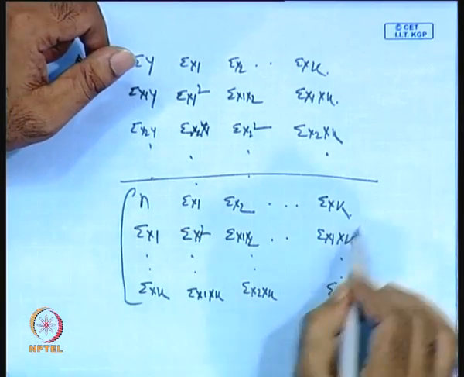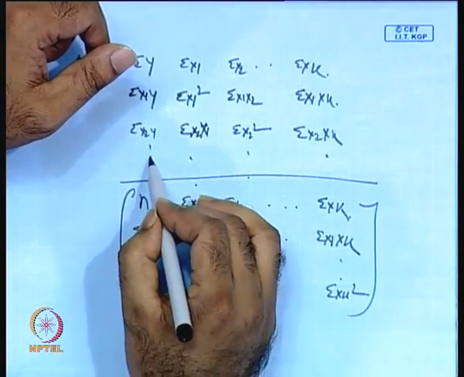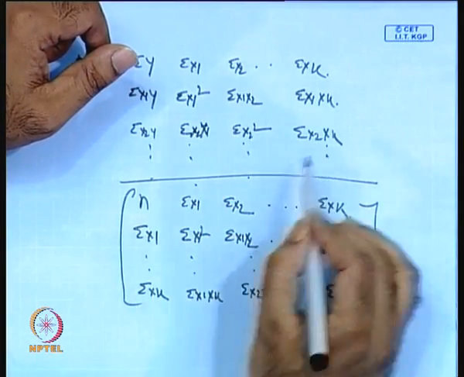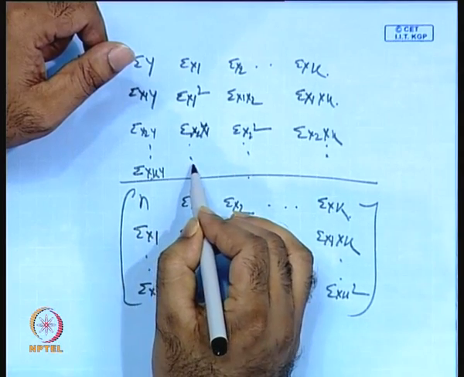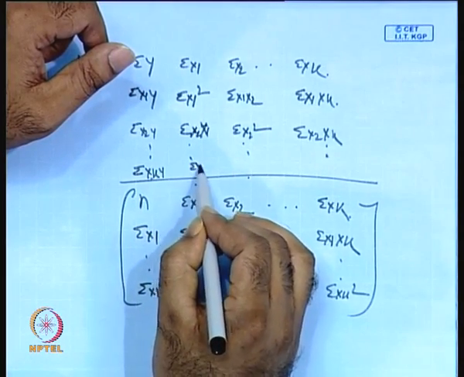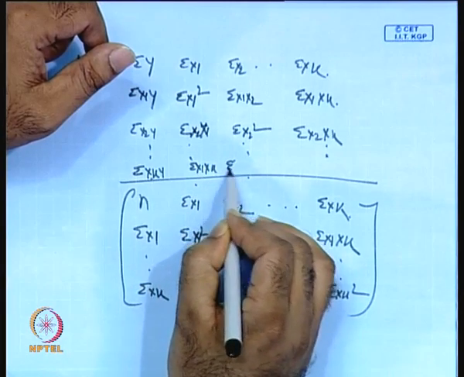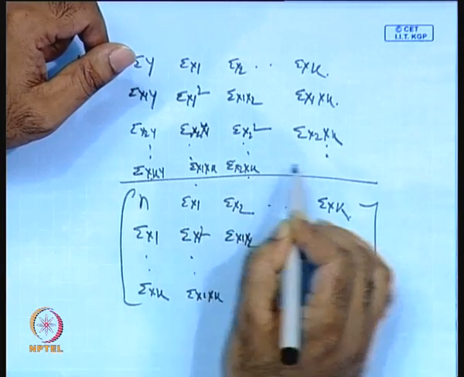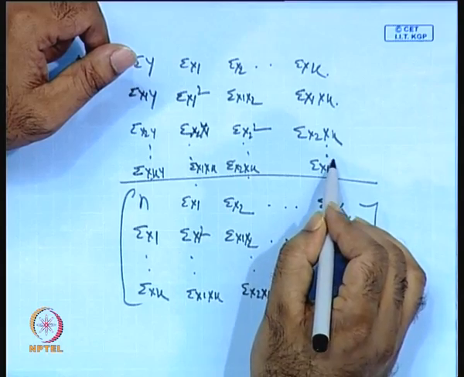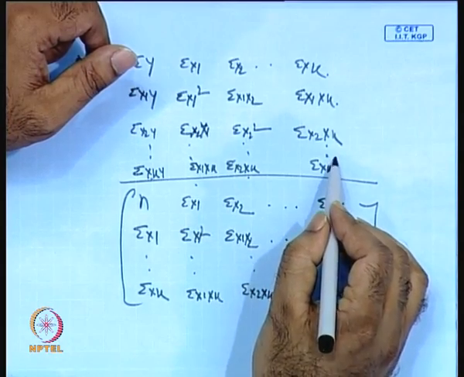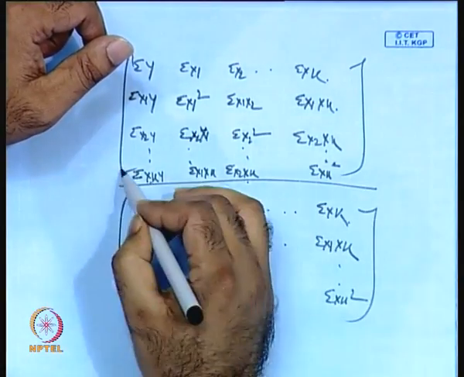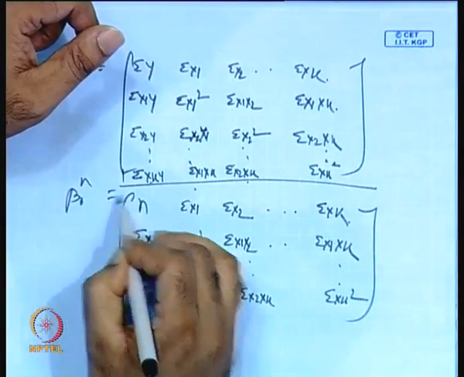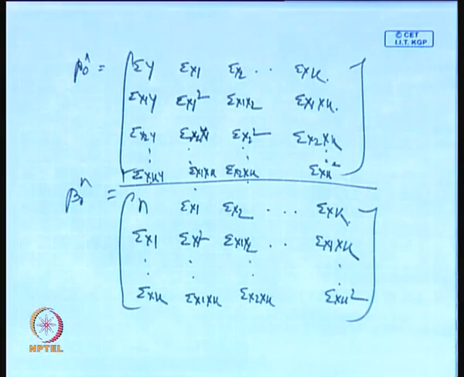This is the structure. In the last part, it will be summation xky, summation x1 xk, summation x2 xk, summation xk squares. So this is the first, beta 0 head. We get beta 0 head this much.